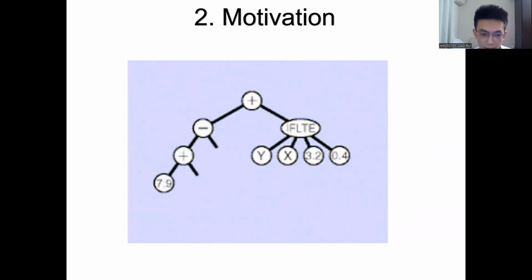But in conventional genetic programming, each operator has an equally likely probability to be chosen, right? So for sure, it will not obtain very good performance if each operator has the same probability to be chosen.